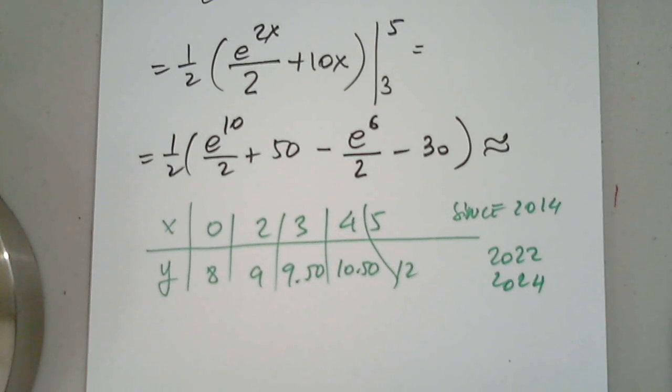I want to see the y axis, so I'm going to say between -2 and 15, that's okay, with a scale of 2 or 3, doesn't matter. And I want to see my plots, the ordered pairs, 0, 8, 2, 9, and so on and so forth. Okay.